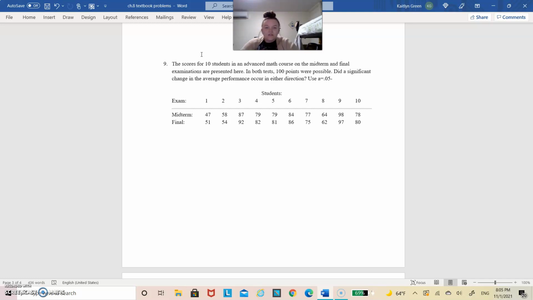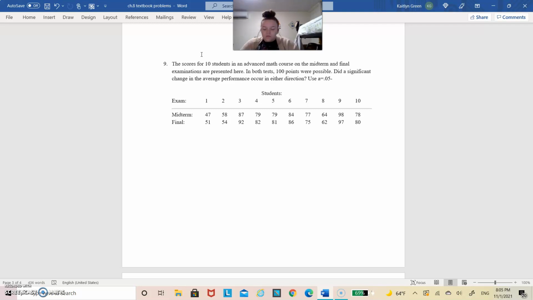The equation for this one is t equals d bar minus the mu of d, which, as I said in one of my videos, if it's a true value, should be equal to 0. So really it's just d bar divided by the standard deviation of d bar.